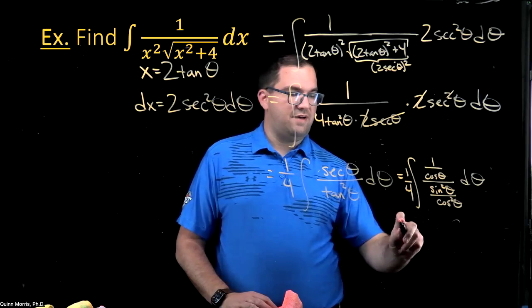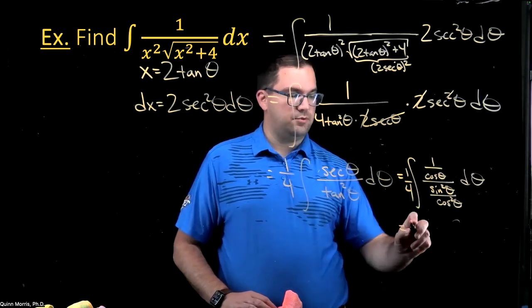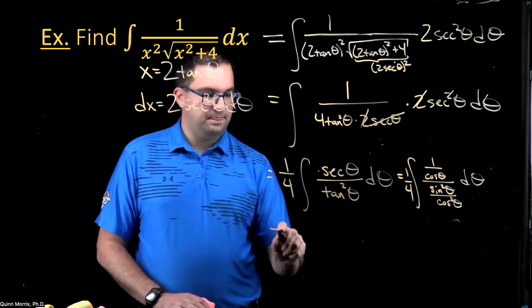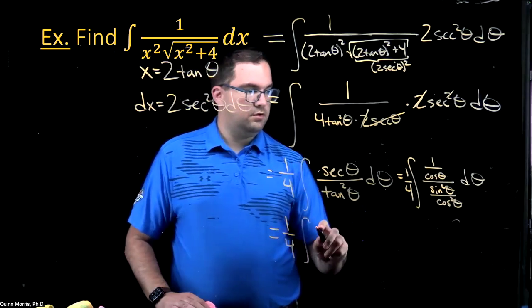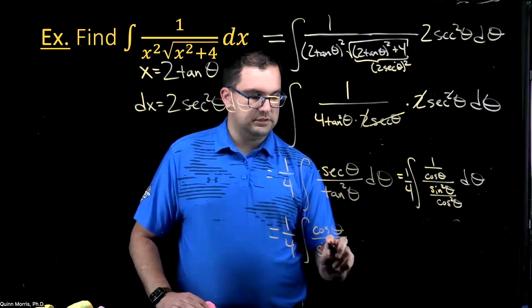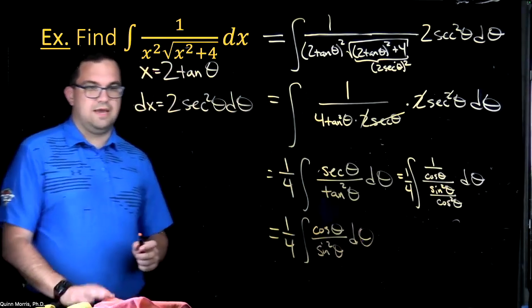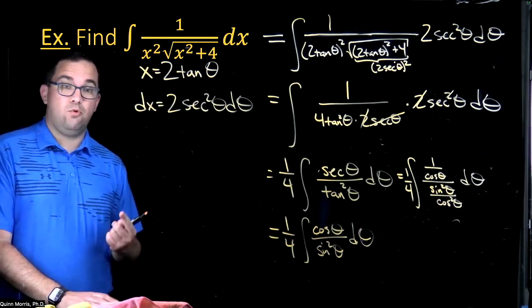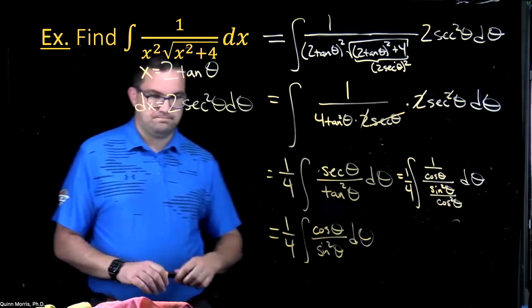And canceling factors of cosine theta and doing top times the reciprocal of the bottom, this will become 1/4 times the integral of cosine theta over sine squared theta d theta. Now, you may say, okay, we've done all this work to transform the integral. This isn't an easy integral, but it's now one we can do. This is a problem we can do by u substitution.